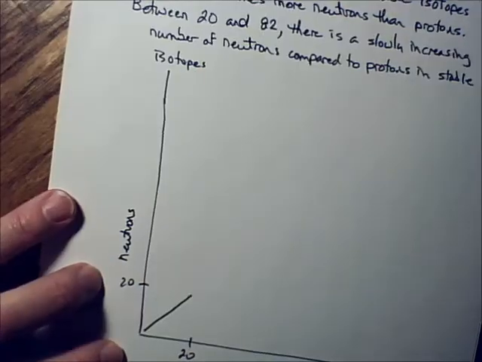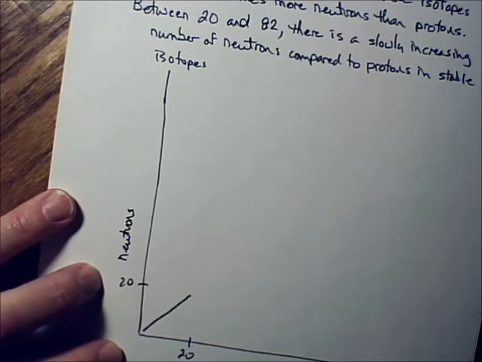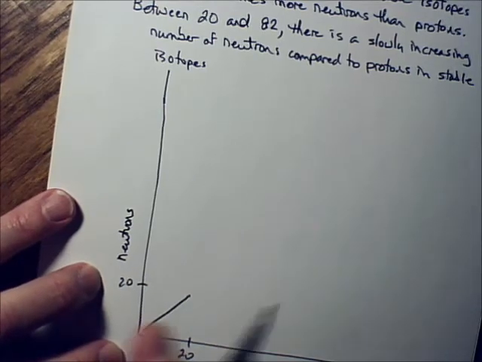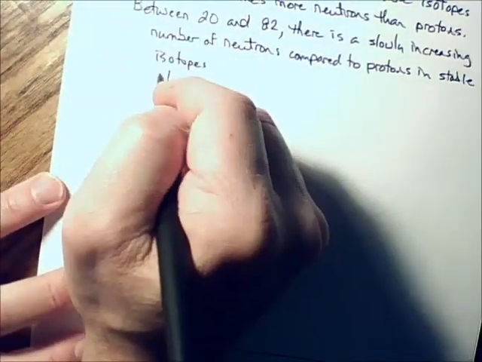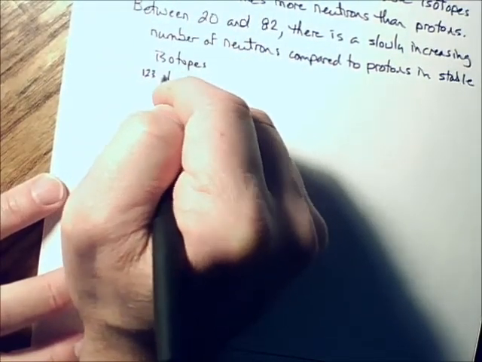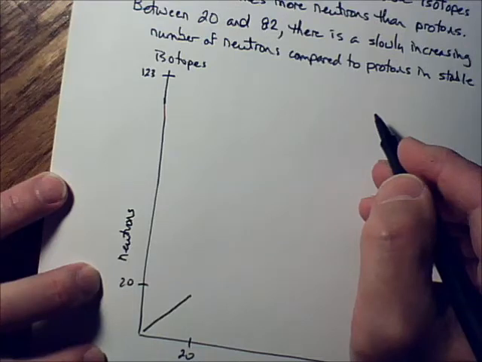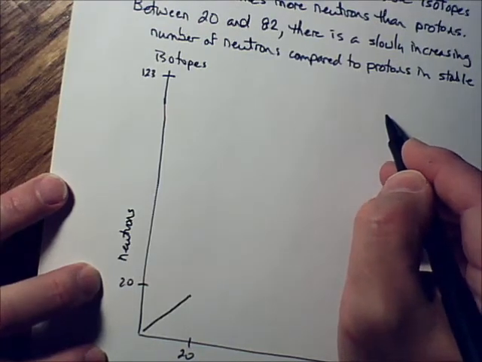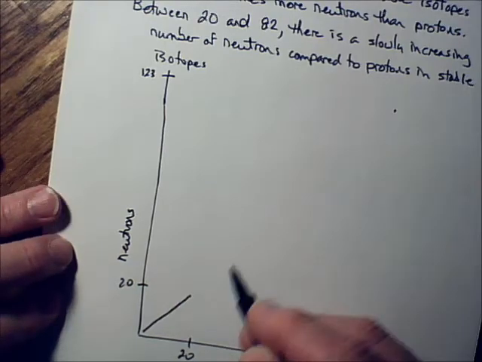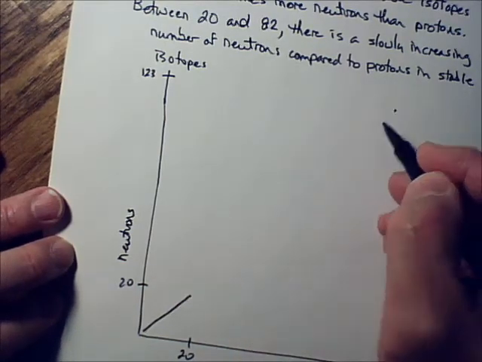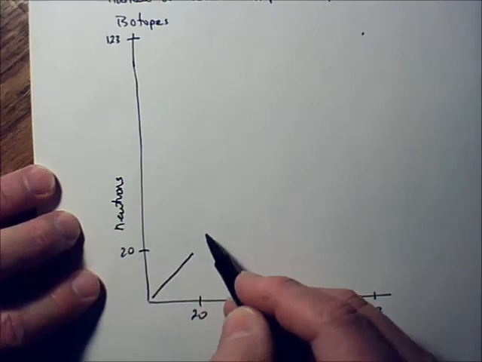Well, how many is that? What's 1.5 times 82? 82 plus 41. Huh? 123. So the number of neutrons is 123, and so they're going to intersect way up here somewhere. Actually, this line needs to be taller. But anyway, you can't see it now because it won't look like a slope, but there's going to be a slow slope.